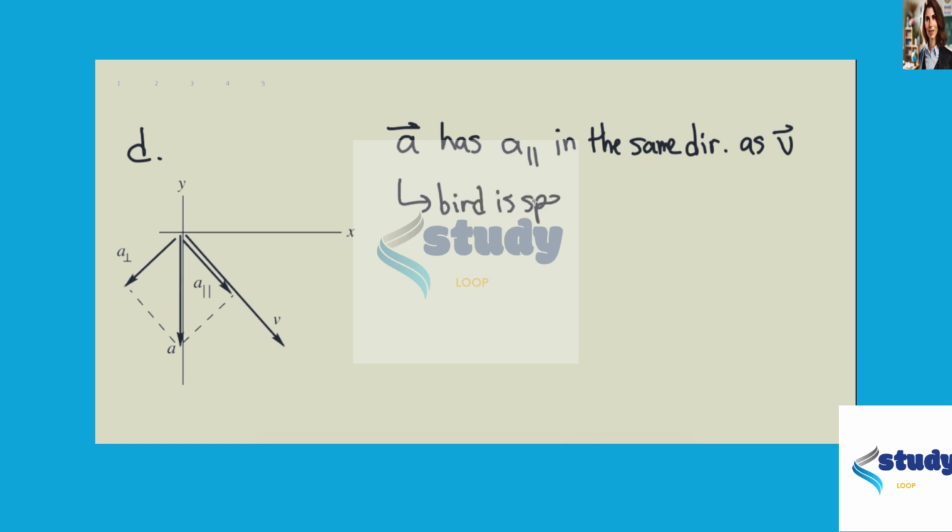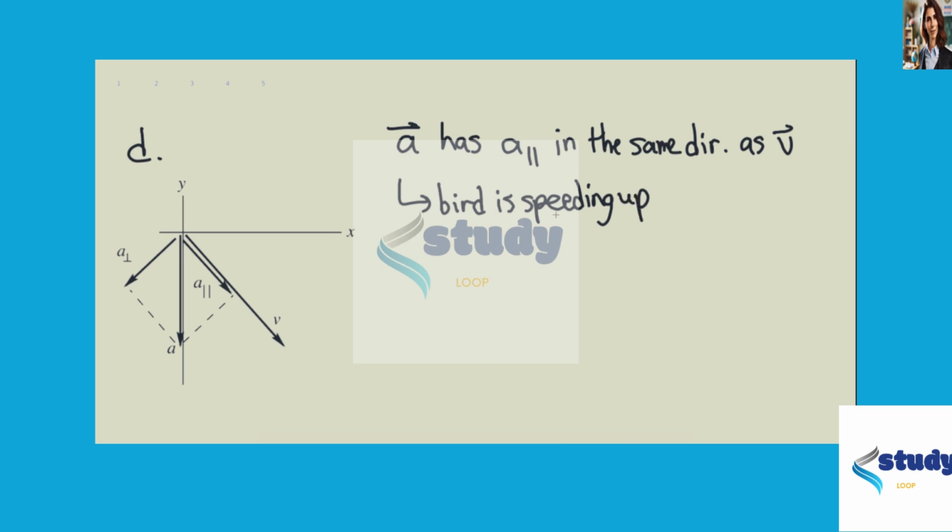The acceleration vector has a component parallel to, in the same direction as, V. We can also say that if this is the case, V is increasing, which means that the bird is speeding up.